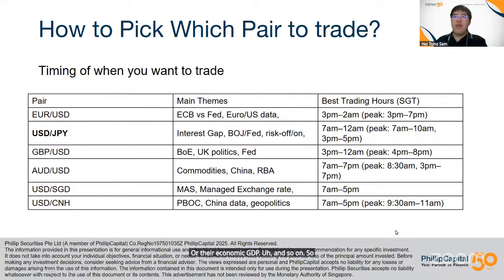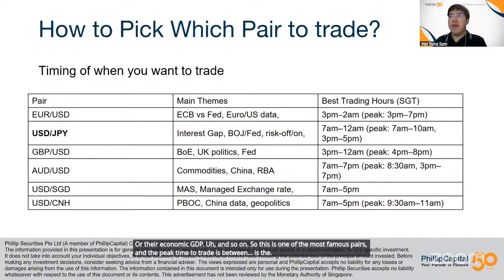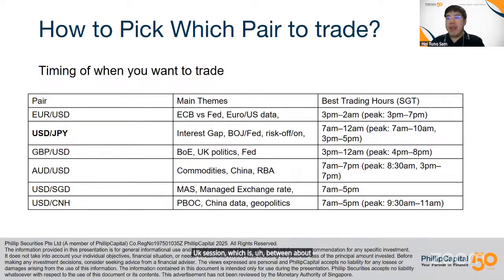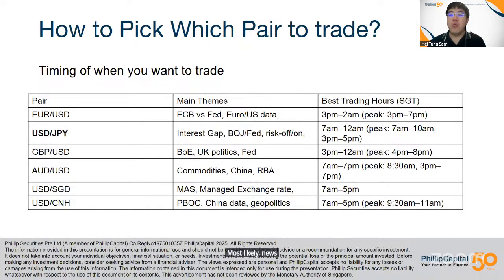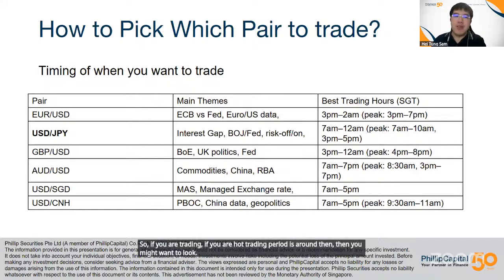This is one of the most famous pairs, and the peak time to trade is the UK session, which is between about 3 to 7 p.m. The reason is that usually during that time the most people are trading, and news is more likely to be released then. So if your hot trading period is around then, you might want to look at Euro USD.